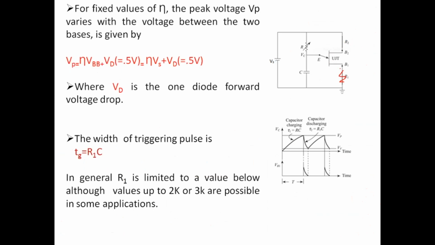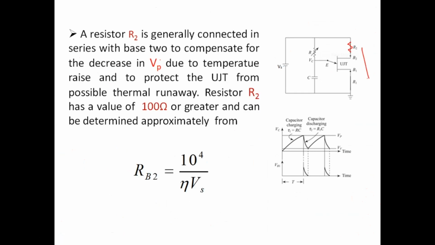So this part reduces because of temperature, but that is compensated by eta, because RB1 will increase a little bit, so this part will increase a little. Nearer to the value it has decreased, this part will increase, so that Vp will remain constant irrespective of temperature. This is a method to avoid thermal runaway.